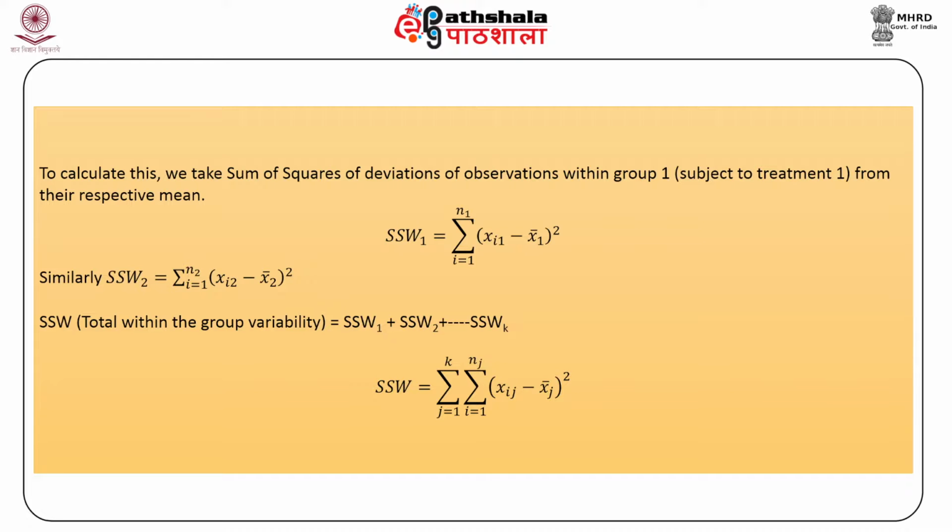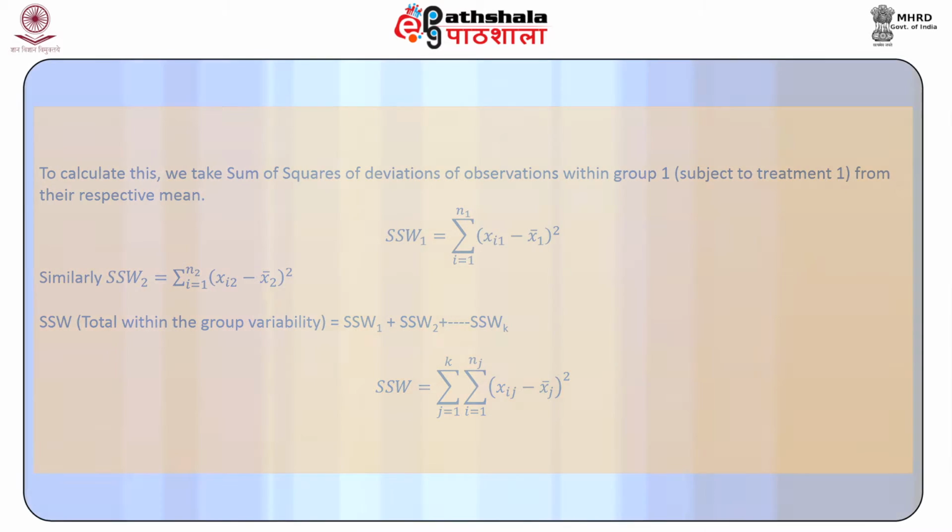So we can write down SSW equal to double summation again of xij minus xj bar whole square, and the summation ranges from i is from 1 to nj and j ranges from 1 to k.